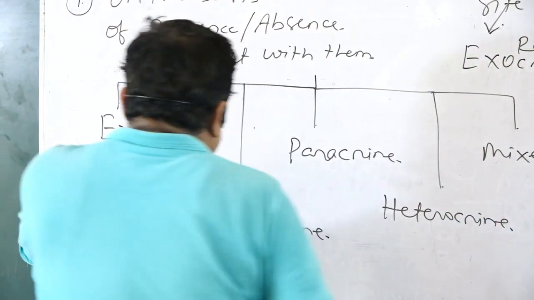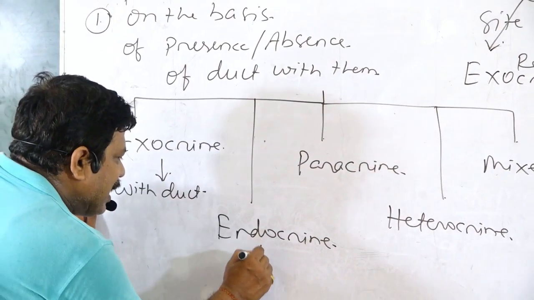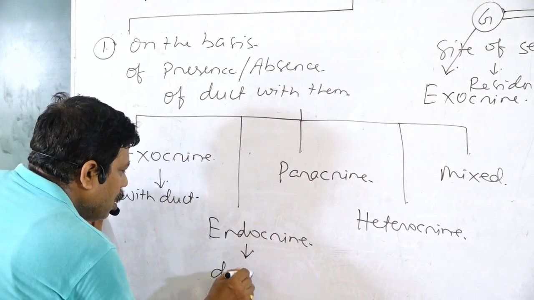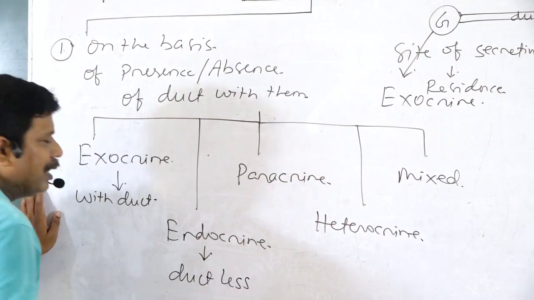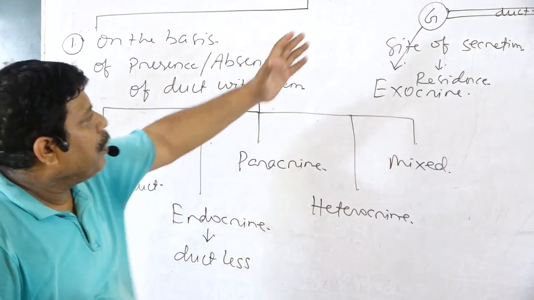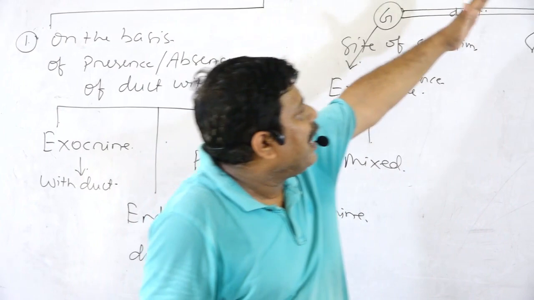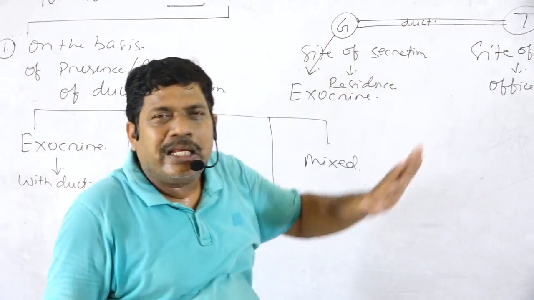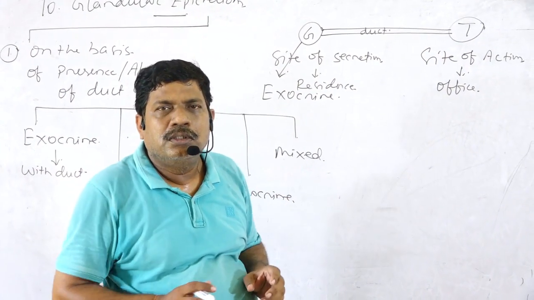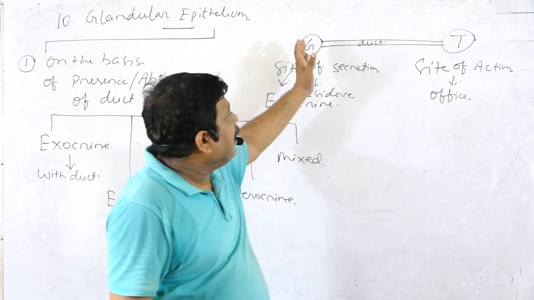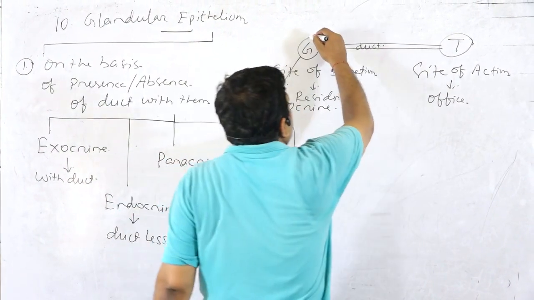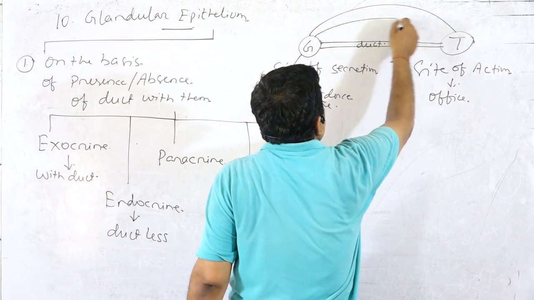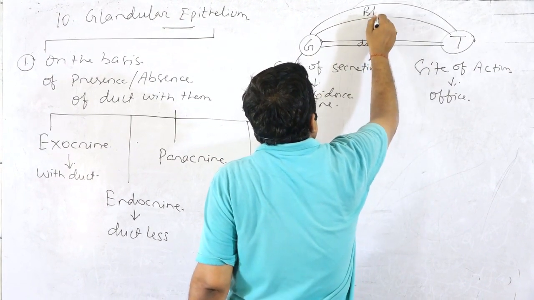Then endocrine gland, a ductless gland. It means from the site of secretion to the site of action there is no duct, but the secretory substance travels to the site of action through blood.